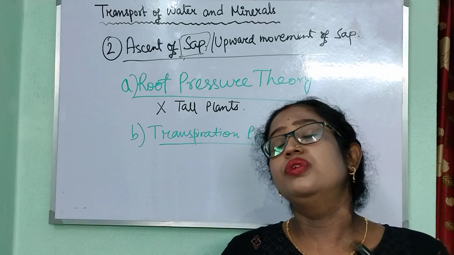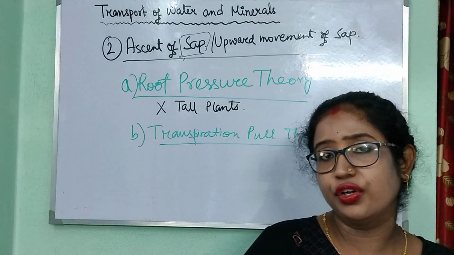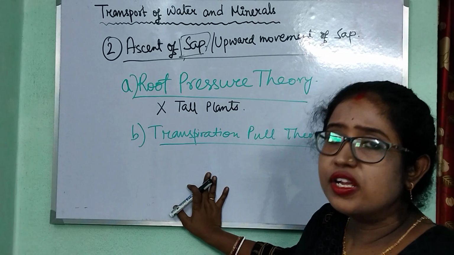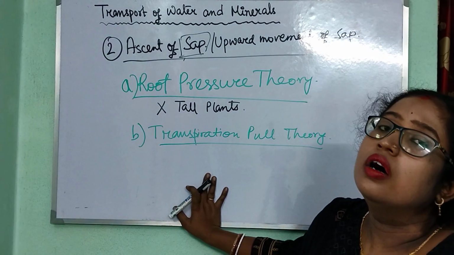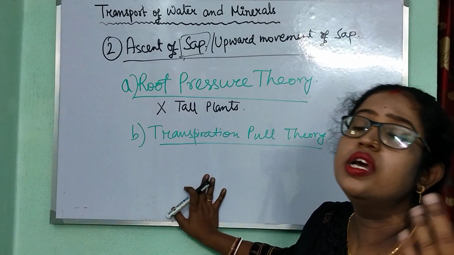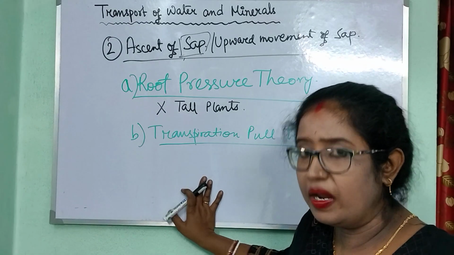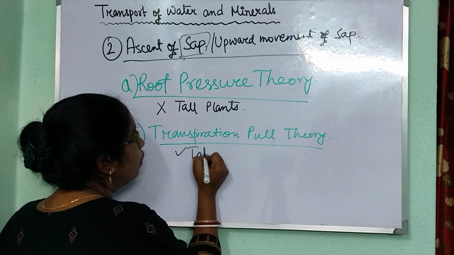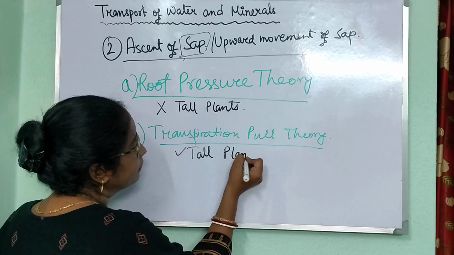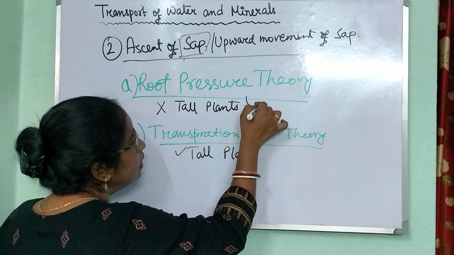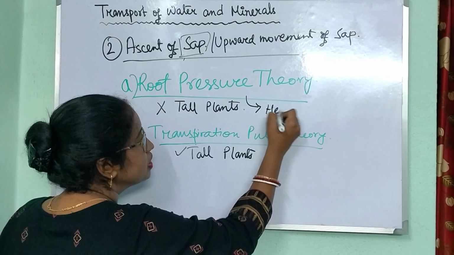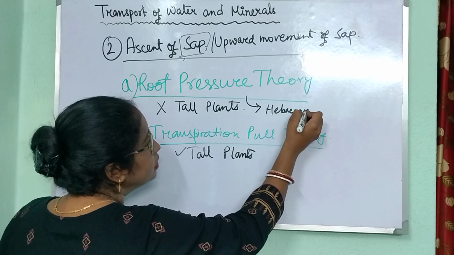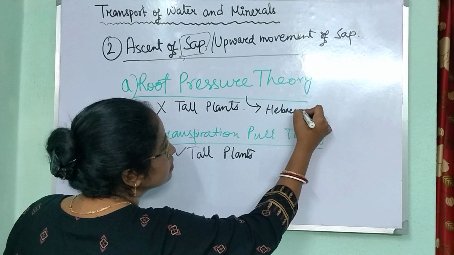So due to this transpiration pull, or transpiration pressure, the water moves from root to the upper part of the plant, and this is fully applicable for the tall plants. The root pressure theory is only applicable for the herbaceous plants.